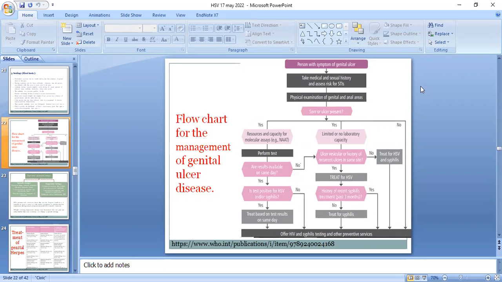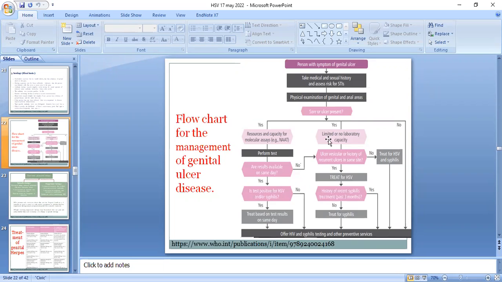And if the test results are available on the same day, and the test is positive for herpes simplex virus or for syphilis, then treat based on the test results on the same day, and also offer the patient HIV and syphilis testing and other preventive services.